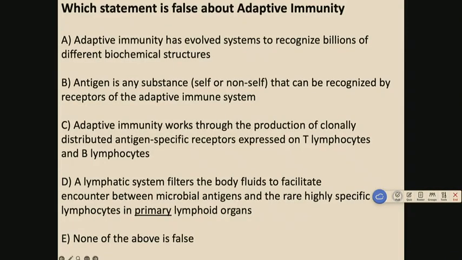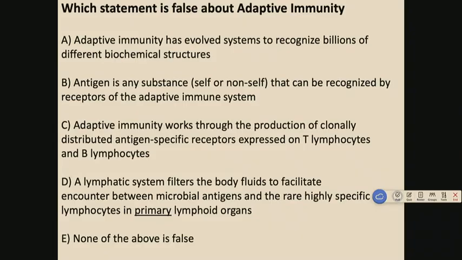So adaptive immunity has evolved systems to recognize billions of different biochemical structures, and this is true. Are the T cells recognizing billions of different biochemical structures? Do the T cells recognize lipids, or carbohydrates?